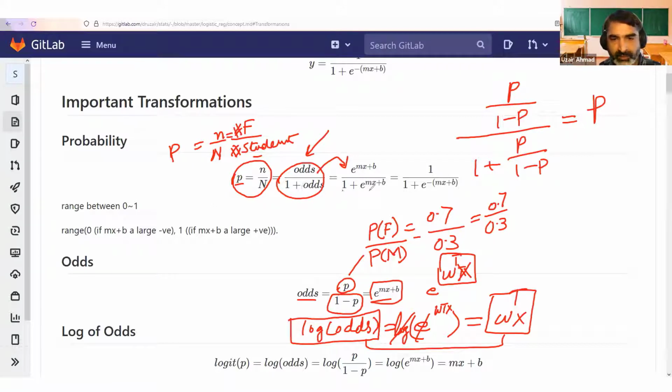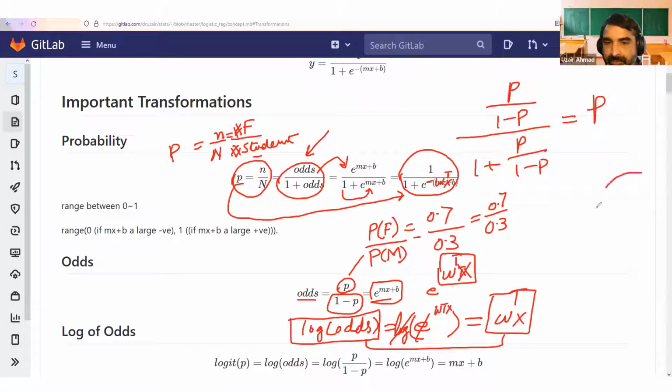So 1 plus odds is 1 plus e raised to power mx plus b, which can also be written as 1 over 1 plus e raised to power minus W transpose X. So there is a connection between probability and this function, and this is the function that is going to transform our W transpose X into 0 and 1 probability. This function, when we plot it for all possible values of W transpose X, looks like S. We refer to this function as sigmoid function.